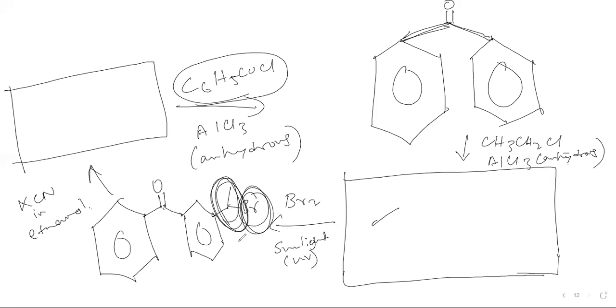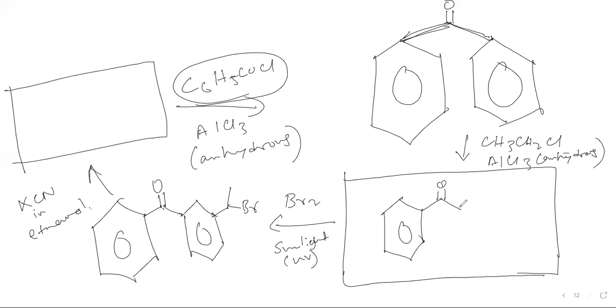Backtracing, since this group is on this carbon, the Friedel-Crafts alkylation should be over here. So this should be our initial structure. Now when we add Br2 here with UV light, obviously this is the product formed.